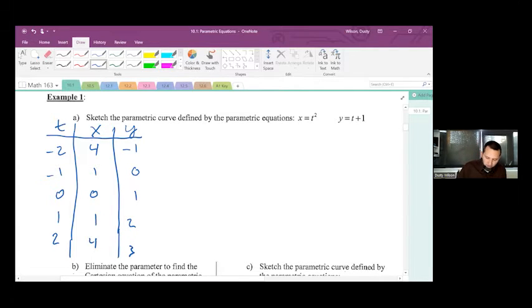We could plot this on a normal grid. Our first point would be at 4, -1. Then we're at x equals 1, y equals 0.